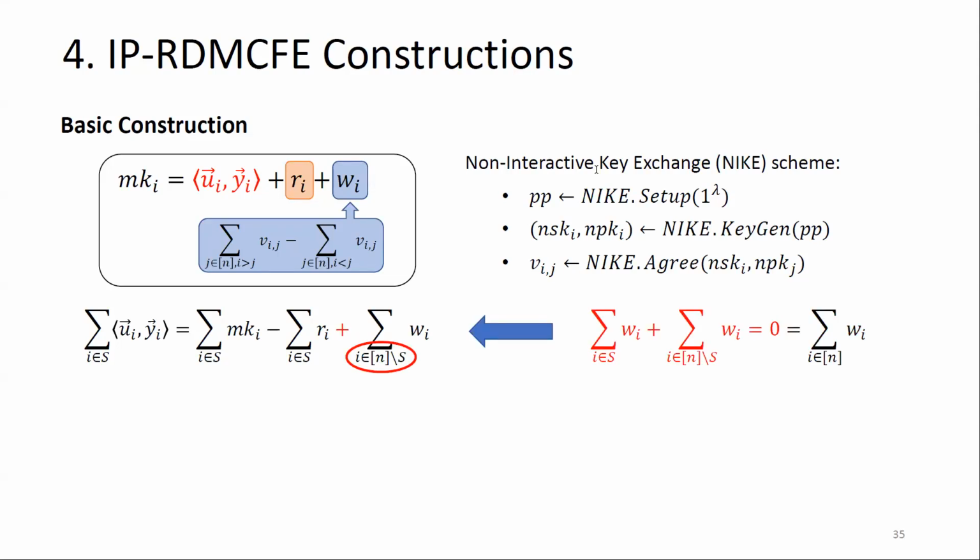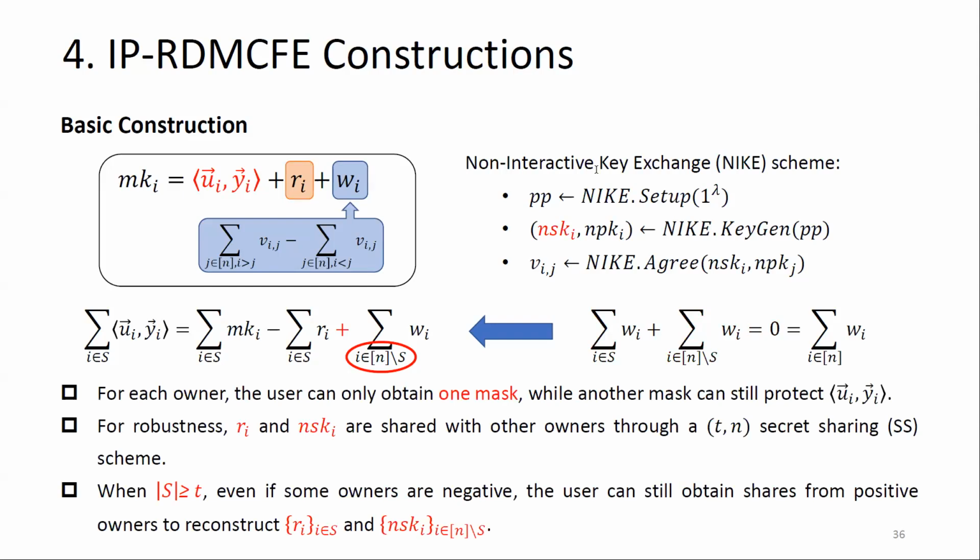That is, the sum of Wi inside S plus the sum of Wi not in S is equal to 0. So the sum of inner products in subset S is equal to the sum of MKI inside S minus the sum of Ri in S plus the sum of Wi not in S. To calculate this formula, the user needs to obtain Ri of positive owners and Wi of negative owners.